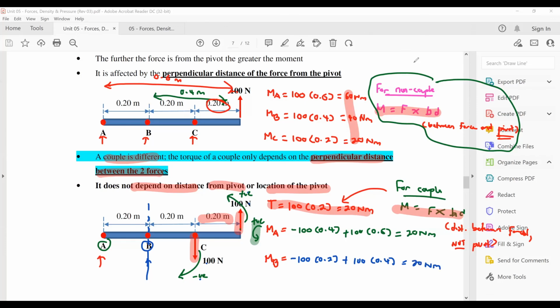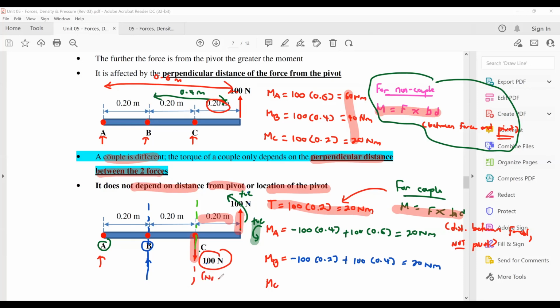So let's repeat this for the last one, pivot C. Now for pivot C, this one is a bit more straightforward. If you look at pivot C alone, the 100 Newton force is actually passing through the pivot.